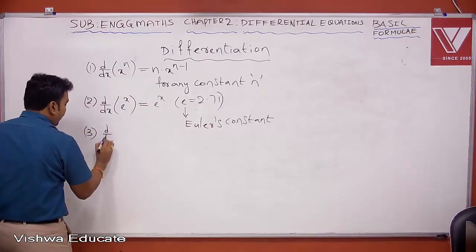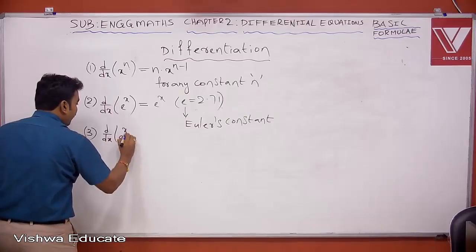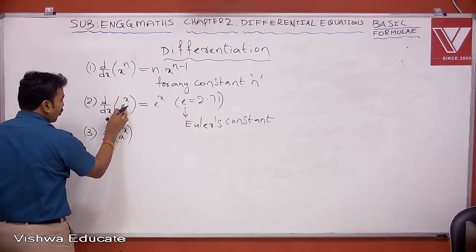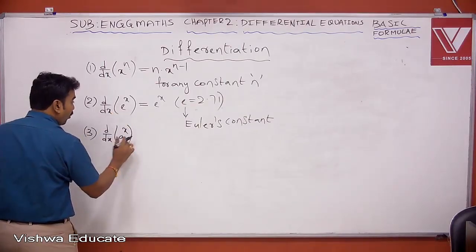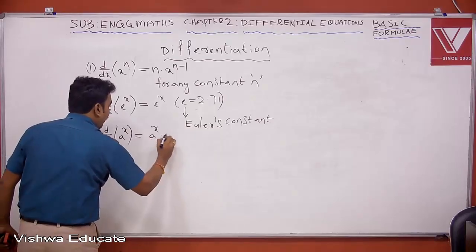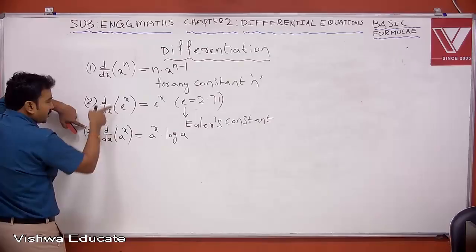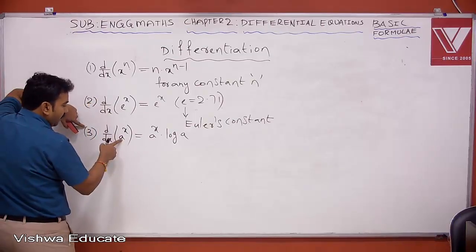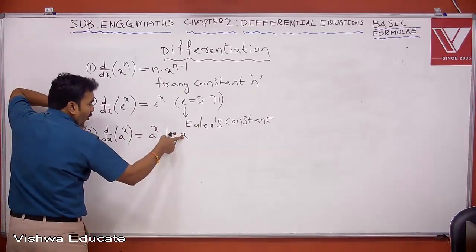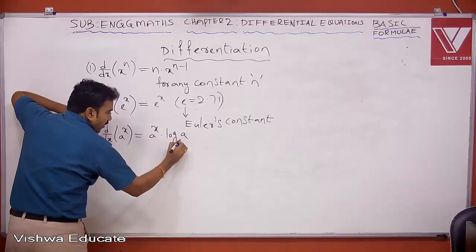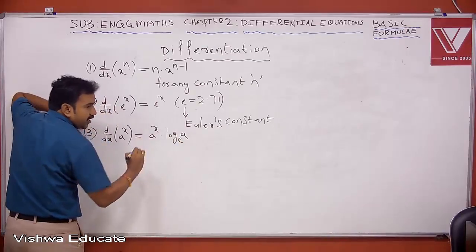Now let us write the formula for d by dx of a power x. This is a general constant. So this is a power x into log a. Now this is nothing but an extension of this. When you replace a by e, you get e power x into log e. When I don't specify the base value, by default it is e.